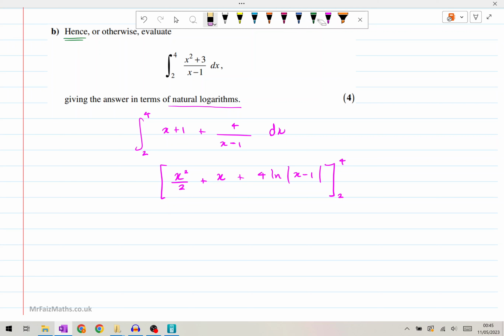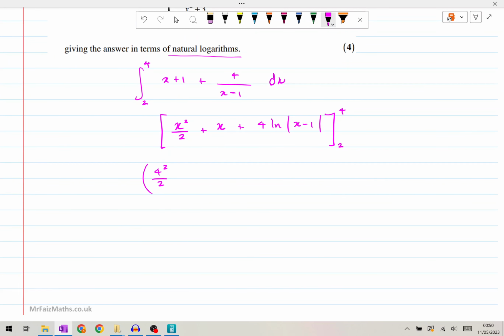In this case, I'll write everything out anyway. So we're going to have 4 squared over 2 plus 4 plus 4 ln 3. And then from that subtract when we substitute x equals 2 in. So that's going to be 2 squared over 2 plus 2 plus 4 ln 1. Now ln 1 is going to be 0, so that will just cancel out.